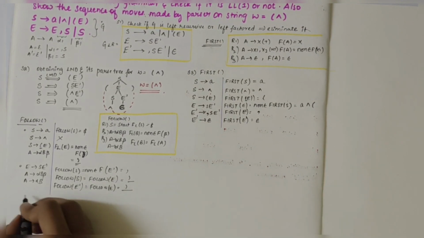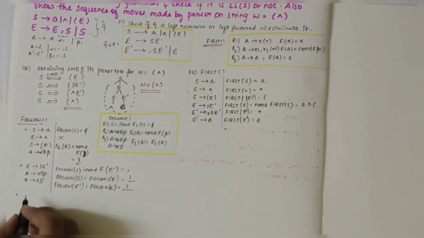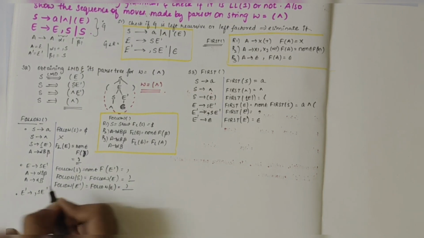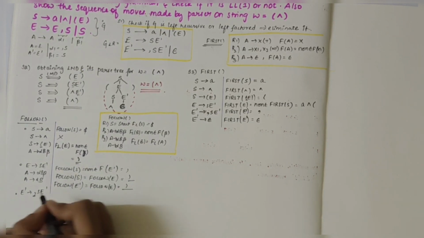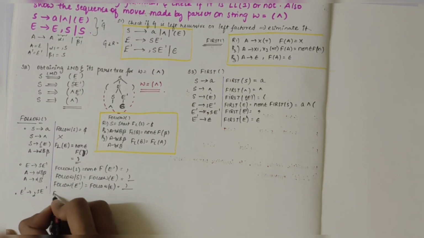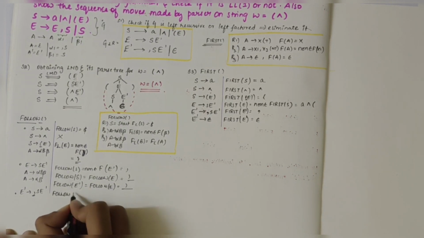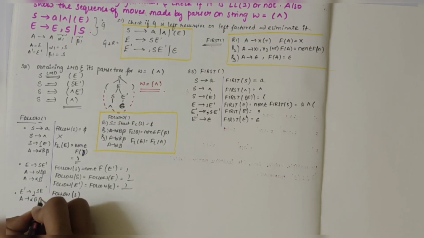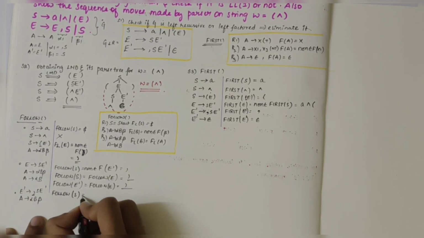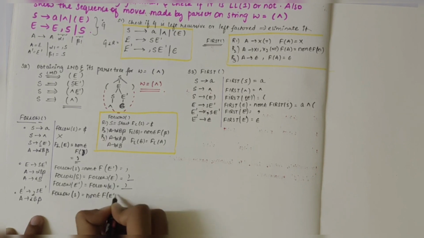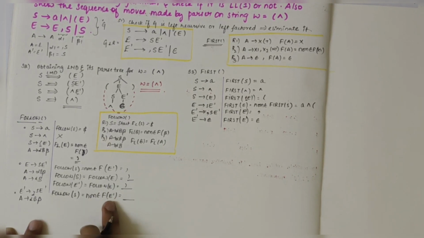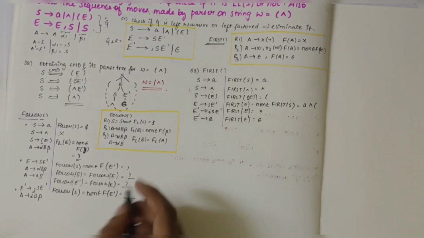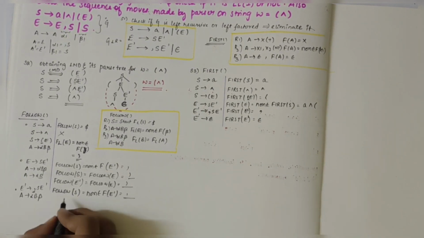Now moving on to the last production, that is E dash derives comma S E dash. There's a comma here, in that case we write follow of S, comparing this with A derives alpha B beta, follow of S is equal to non-epsilon first of E dash. E dash we have comma and epsilon. Except the epsilon, comma is left. So write comma here.